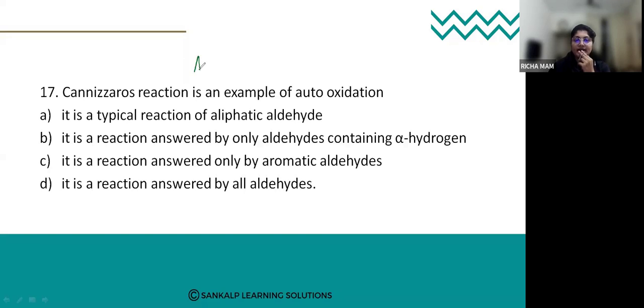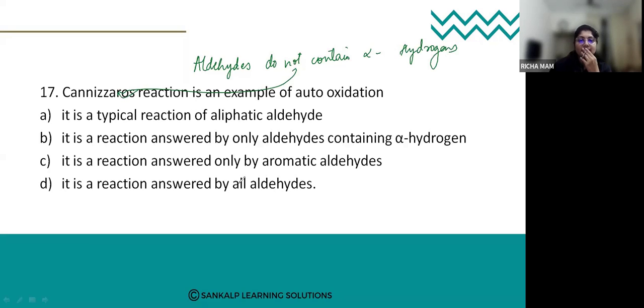The aldehydes which do not contain alpha hydrogens undergo the Cannizzaro reaction. But here there is no such option, so all the options are wrong. Cannizzaro reaction is the best example for the aldehydes which do not contain any alpha hydrogen.